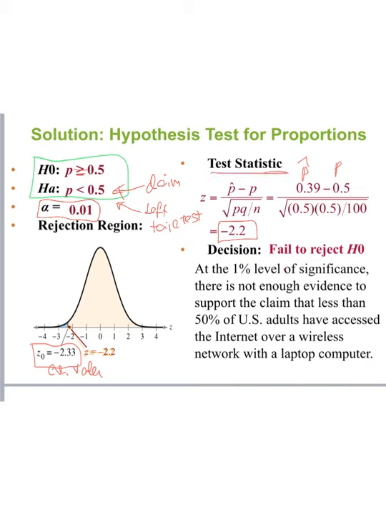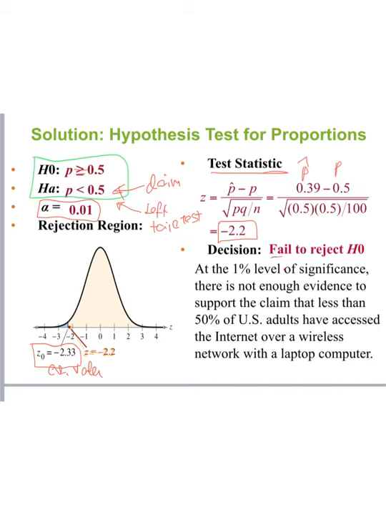Now take a look. If I compare them on the number line, negative 2.2 versus negative 2.33. Negative 2.33 is more negative, so negative 2.2 does not fall into the rejection region. So we don't reject the null hypothesis.